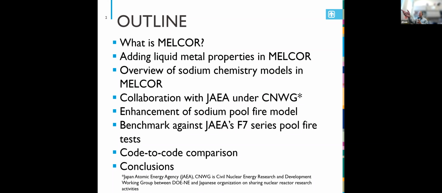The acronym is shown here, but the footnote is what it stands for. And then we talk about the enhancement under the CNWG collaboration for the sodium pool fire model, the current models in MELCOR. And then we talk about the benchmark against the JAEA F7 series pool fire tests, and then do some code to code comparison and finally provide some conclusions.